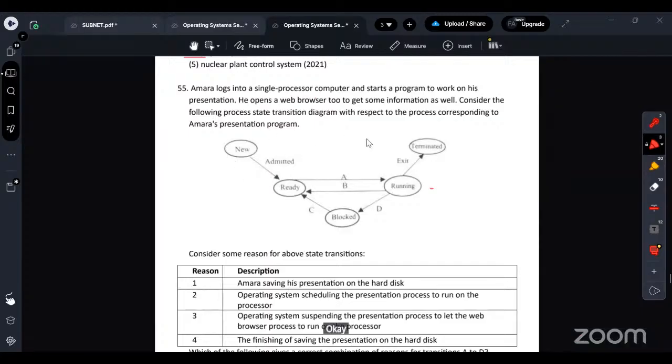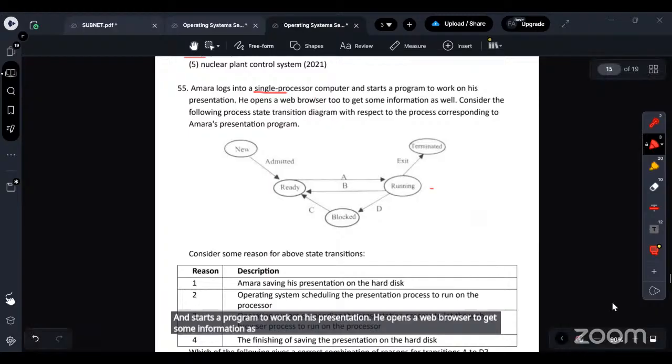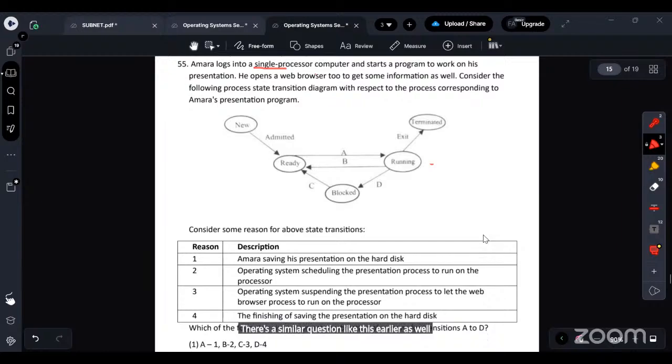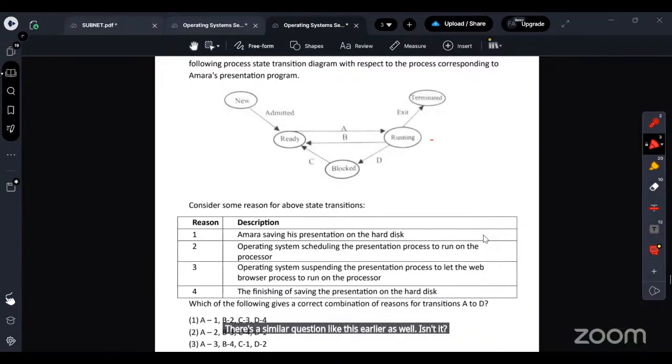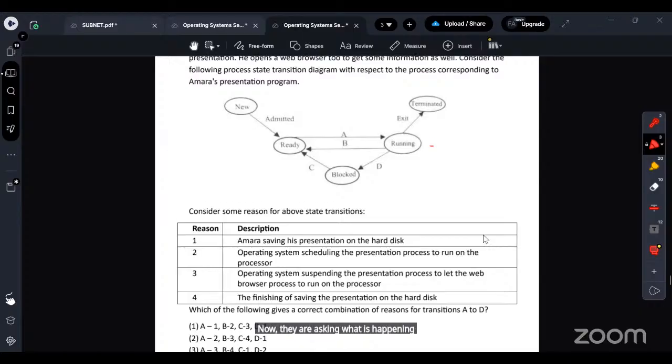So Amara looks into a single processor computer and starts a program to work on his presentation. He opens a web browser to get some information as well. They asked a similar question like this earlier as well, isn't it? Now they are asking what is happening over here.